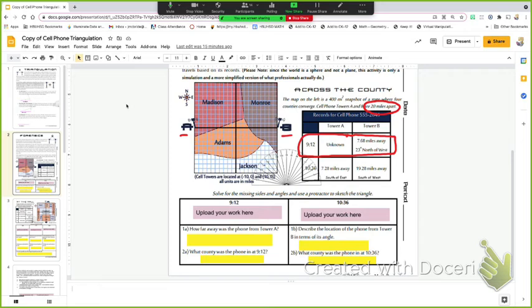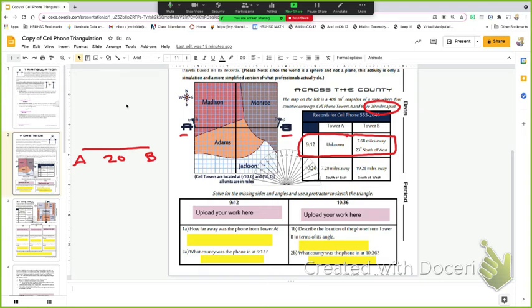So I'm going to redraw it over here because I like to work with scratch work first. Here's A, here's B, and they're 20 miles apart. And then I'll draw it to scale on my thing in a minute. And it'll have to be to scale or you won't know what county it's in. Okay, from cell phone tower B, it's 23 degrees north of west.